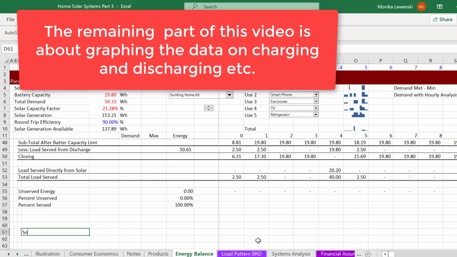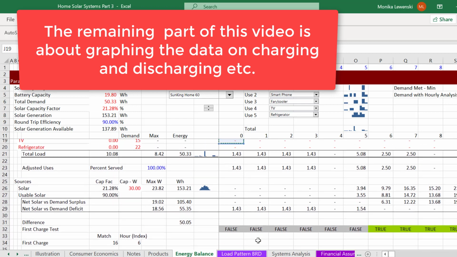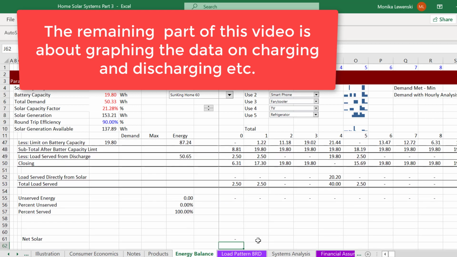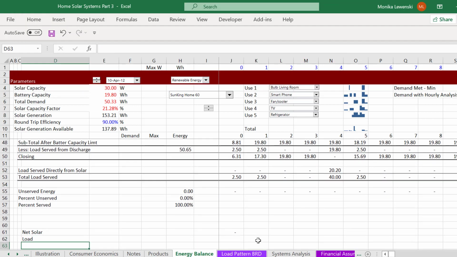So let's put the net solar, that's after the round trip efficiency business. I think it's probably best to do it before the reordering. And then next to that, we can put the load.